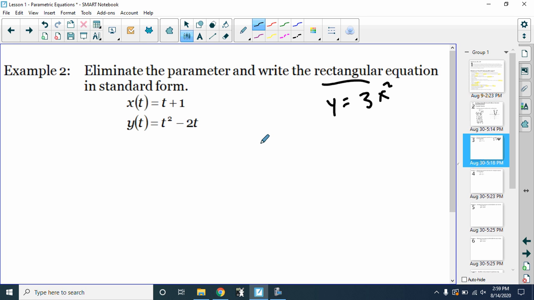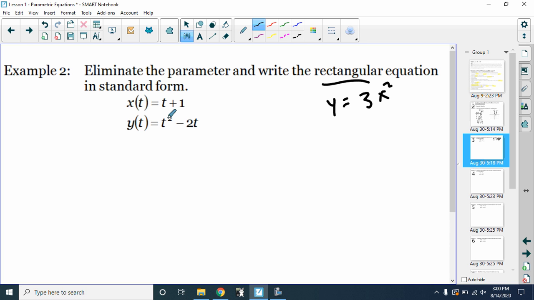So we are given x is equal to t plus 1 and y is equal to t squared minus 2t. In order to eliminate the parameter and change from parametric form into rectangular form, we want to solve one of these equations for t.